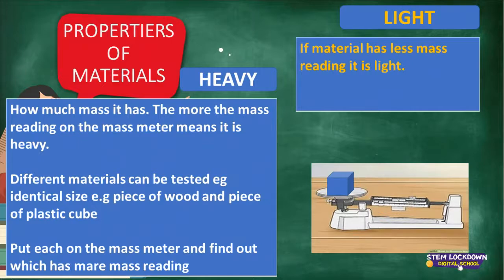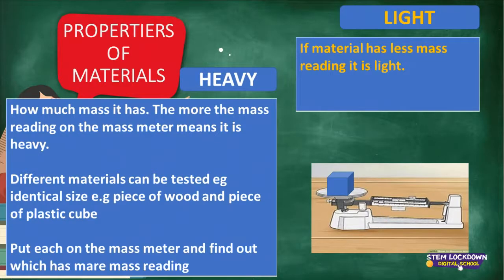So if you put each on the mass meter to find out which has more mass, then the reading will tell you which one is heavy and which one is light. That is measuring the heaviness and the lightness. If the material has less reading, it is light. So this is another property that you must know.